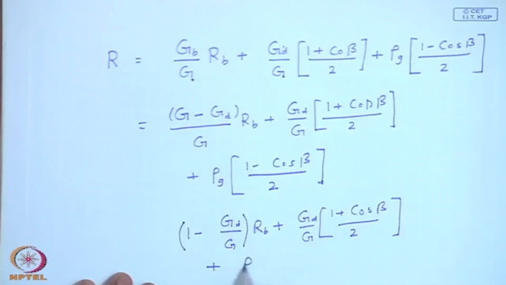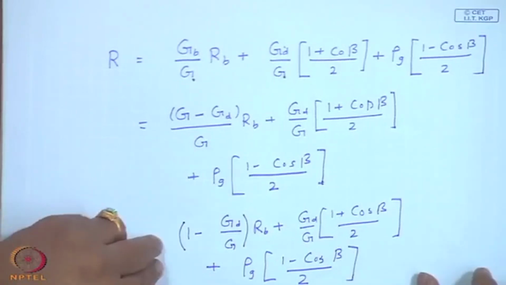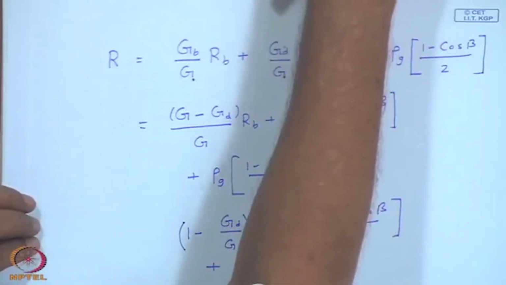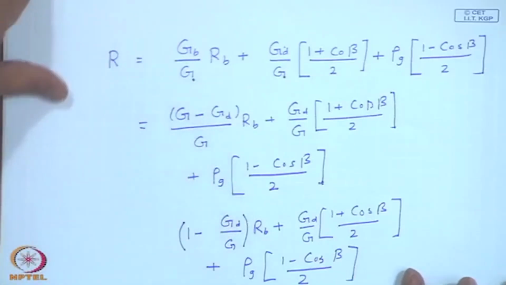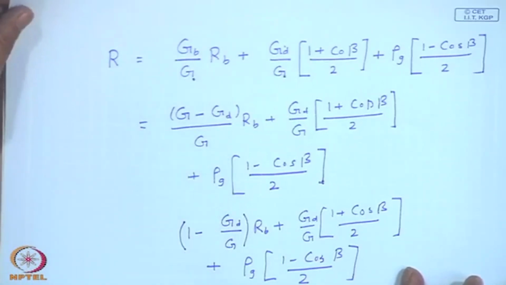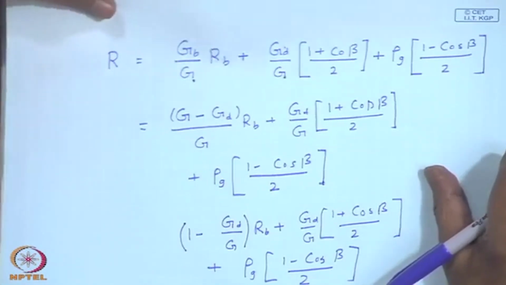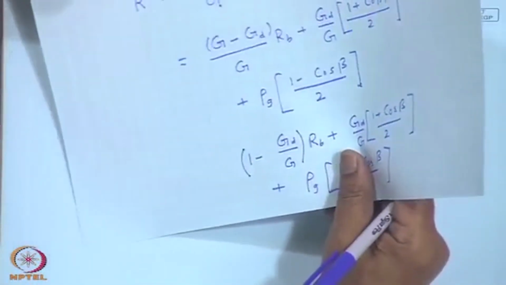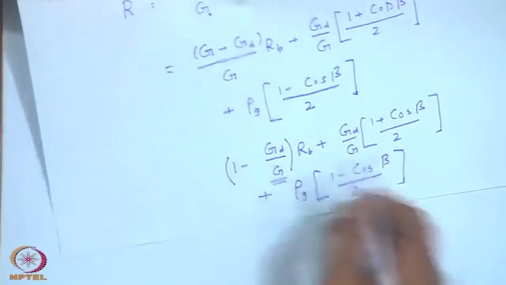Now, what I am finding out is that this is a ratio of only GD by G. Now, you realize why we spend some time in generating the correlations for ID by I. Though ID and I are separately required, but if given I, everything we try to write in terms of a diffuse fraction ratio, which we know can be calculated knowing I.